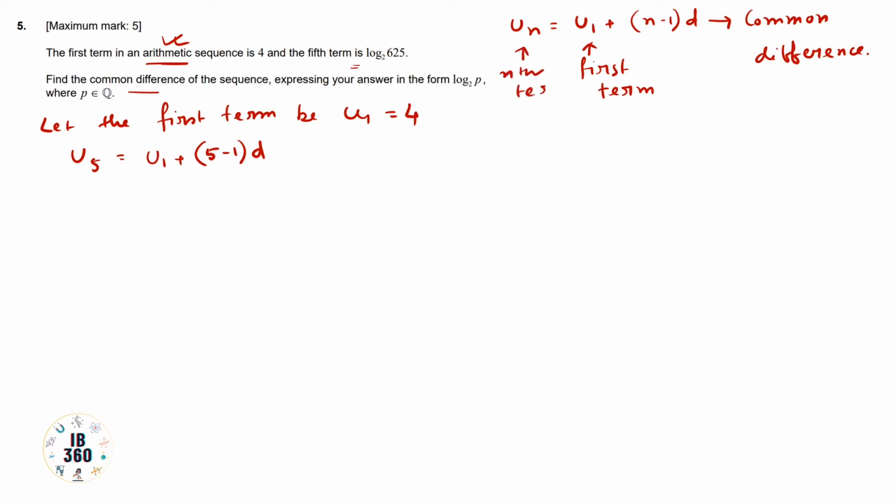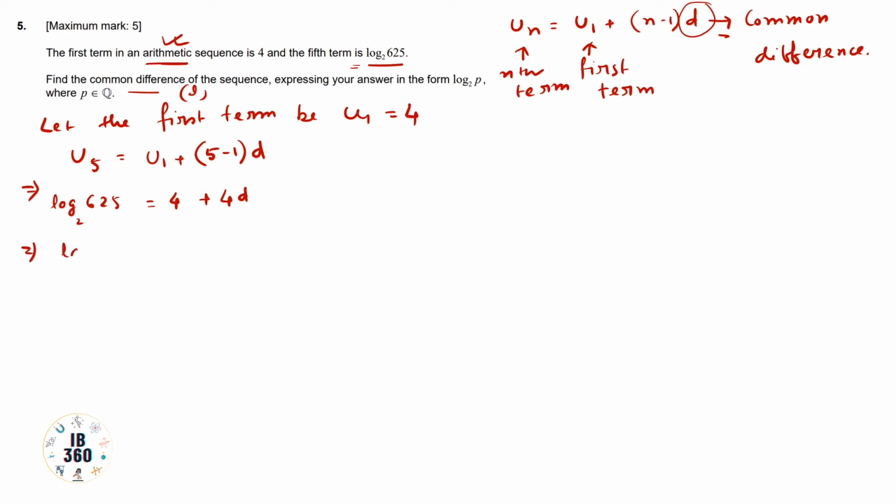So from the formula, u5 is given as log base 2 of 625, so I am writing log base 2 of 625 equals the first term 4 plus 4d. We have to find the common difference, that is d.